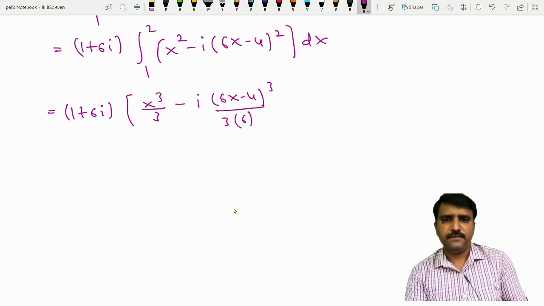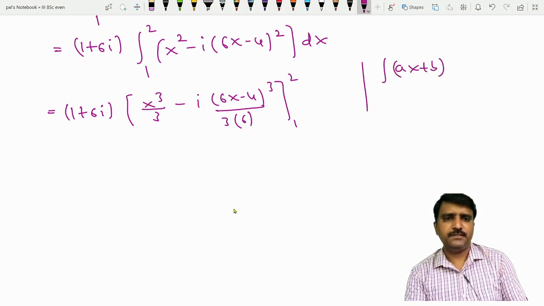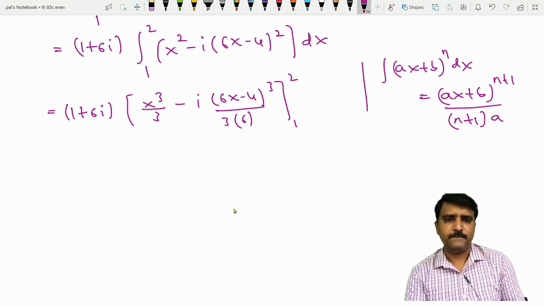We write that here. So the limits are from 1 to 2. This is because the integration of ax plus b to the power n dx is equal to ax plus b to the power n plus 1 divided by n plus 1, and the coefficient of x is a, so you have to write that a here. So like that.